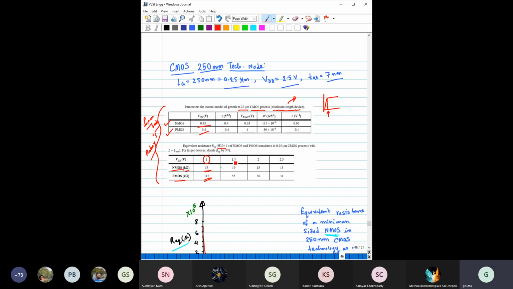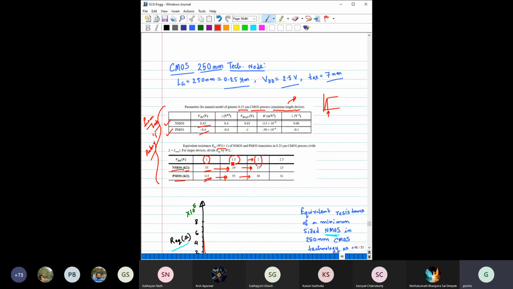Now say we are changing this VD to 1.5. See, this has decreased from 35 to 19 and this has decreased from 55, right? Then when VD equal to 2 volt, we are making this from 19 to 15, then 35 to 38. So you can see this gap has reduced, right?